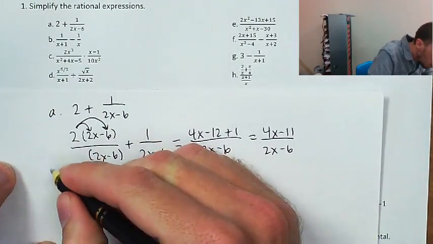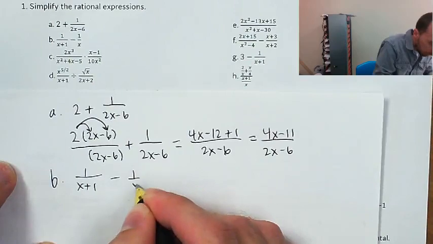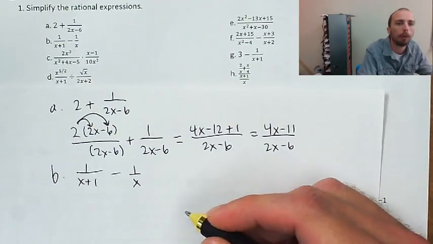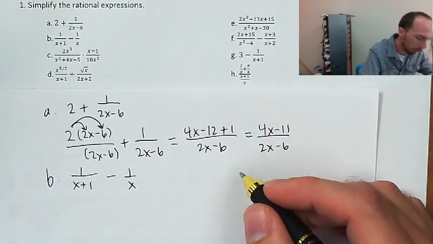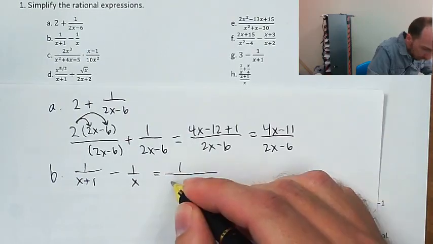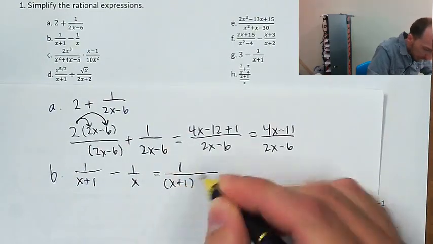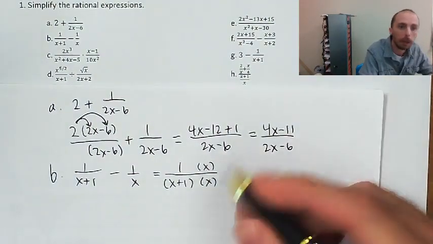All right, for B, 1 over x plus 1 minus 1 over x. For this one, I'm going to get a common denominator, but I have two different denominators, so I'm going to work on each of them. So 1 over x plus 1, I need to multiply that by the same thing on top and bottom. I'm just going to multiply by the opposite denominator.